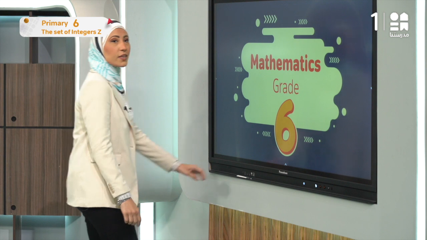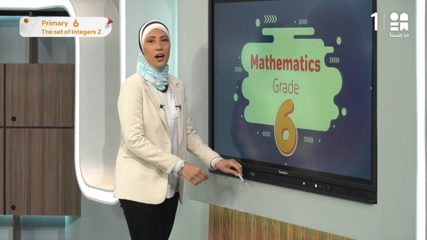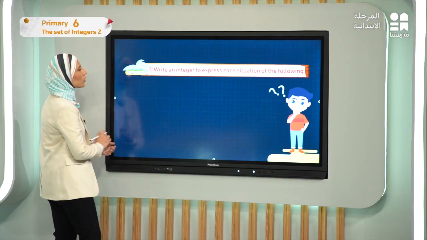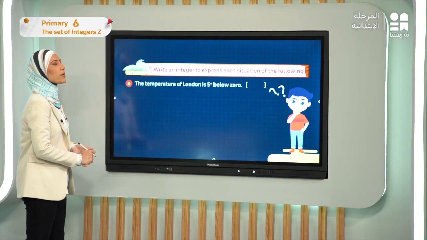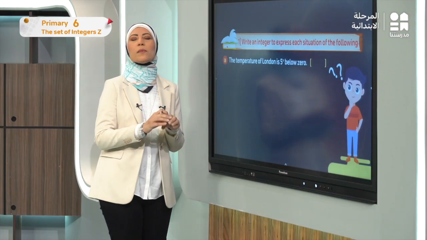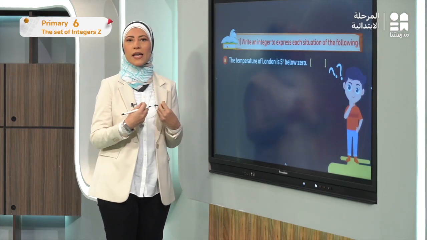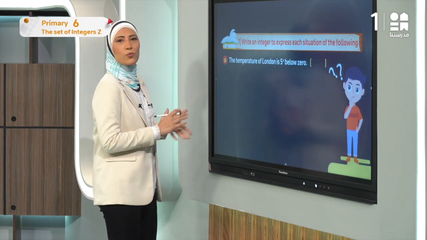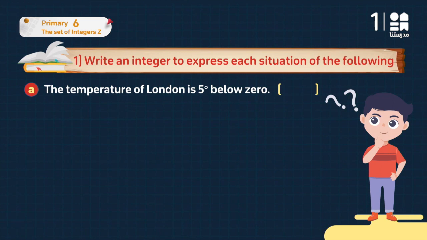Okay, let's see our exercises. First of all, we are going to write an integer to express each situation of the following. These exercises explain how we are going to use integers in our daily life. The first one: the temperature of London is 5 below 0.